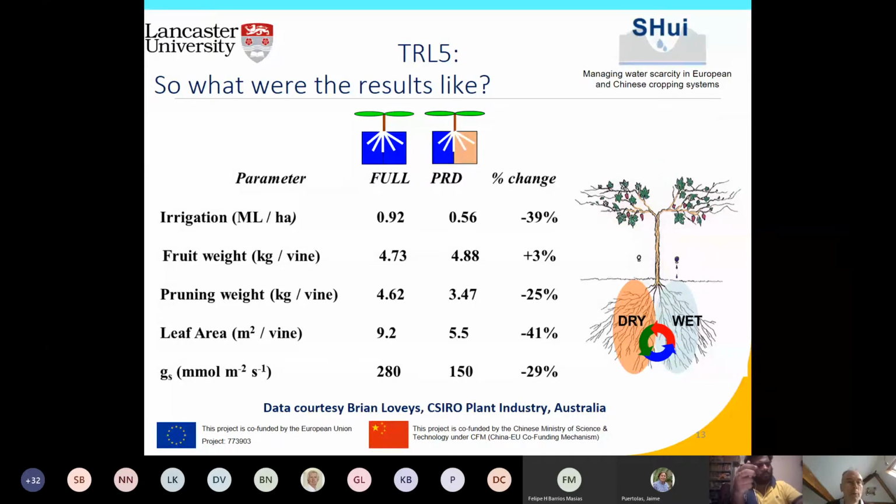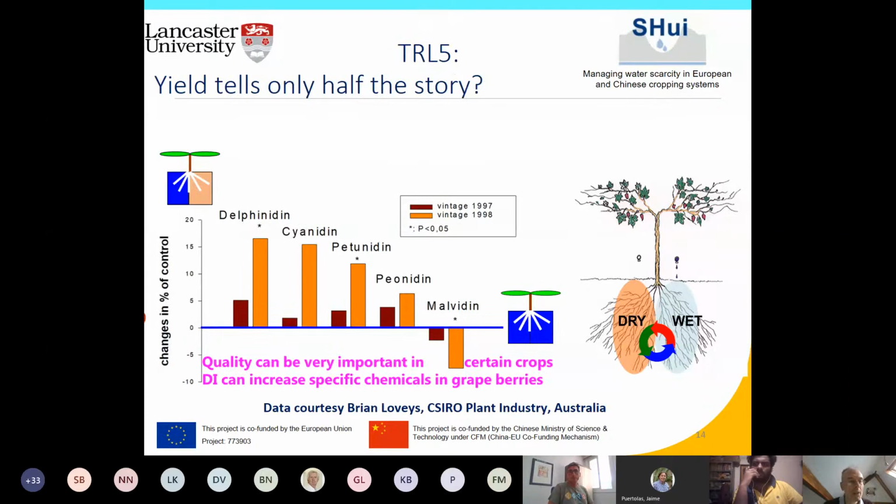The quality of those berries is absolutely critical to determining the quality of the wine that is actually produced. And again, these are some of the original data that Brian has provided for a couple of vintages from last century, I would add, 1997, 1998, measuring some of the chemical changes in the berries that had been exposed to partial root zone drying.